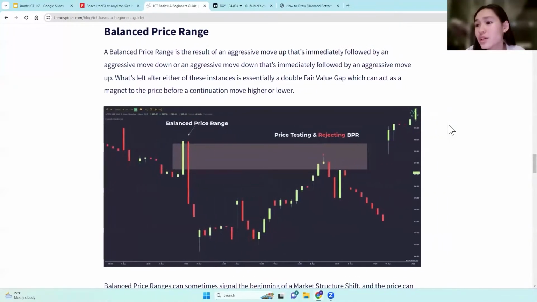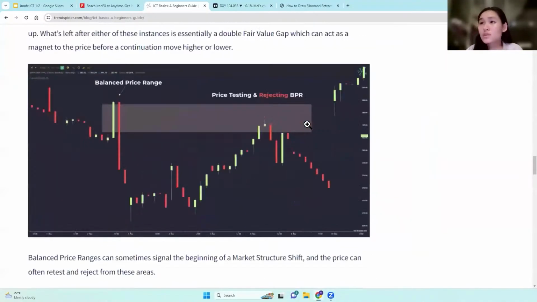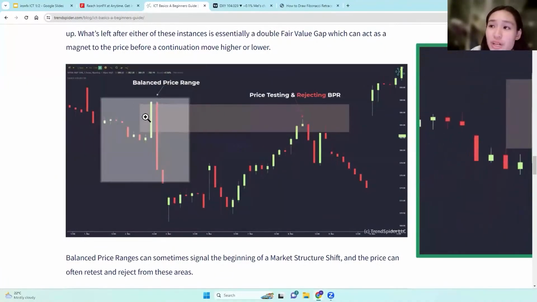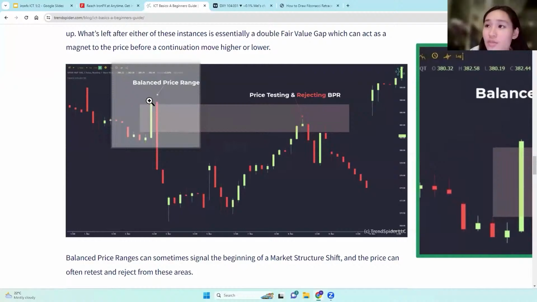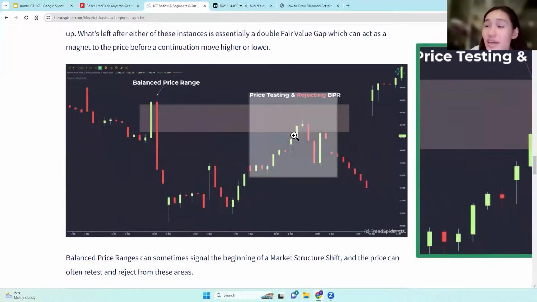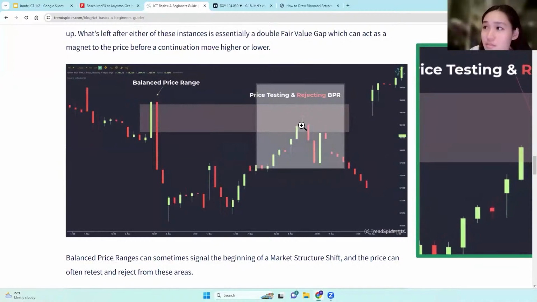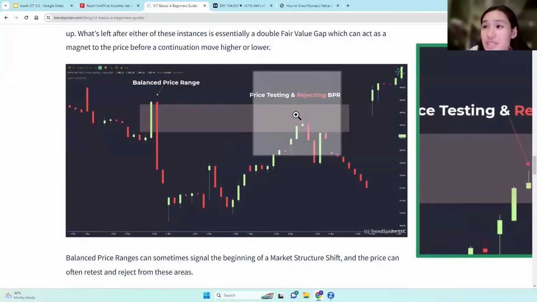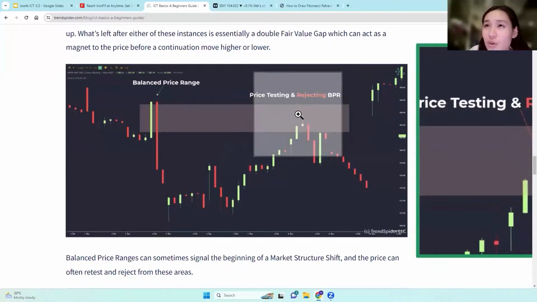Basically this is what we are looking at. We have a balanced price range up here, which is essentially where price rebounds off of a resistance level, drops, and then tests that level again. Here it says price testing and rejecting your BPR. If you were here for our support and resistance levels, we're just talking about a double swing high.